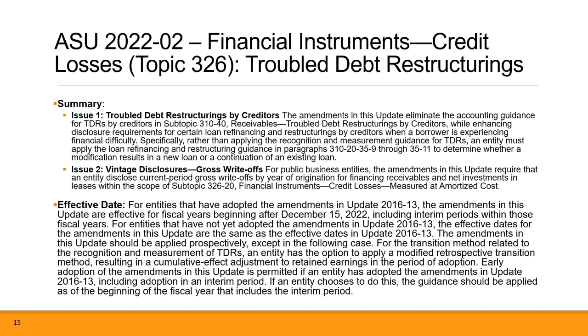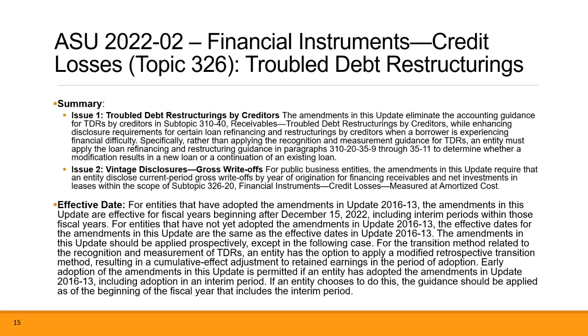And issue number 2 being addressed in this ASU is vintage disclosures and gross write-offs. Stakeholders noted that there is an inconsistency in the requirement for a public business entity to disclose gross write-offs and gross recoveries by class of financing receivable and major security type in the vintage disclosures referenced in paragraph 326-20-50-6 and example 15 in paragraph 326-20-55-79.